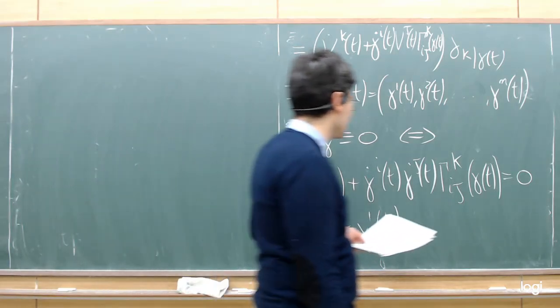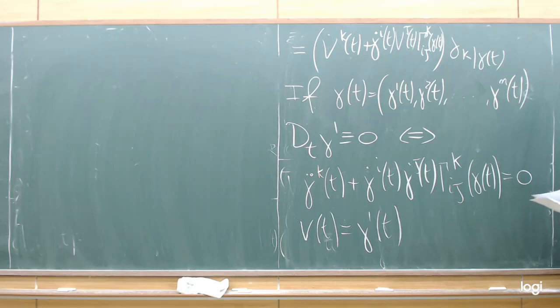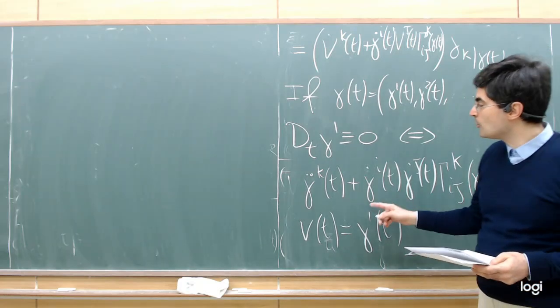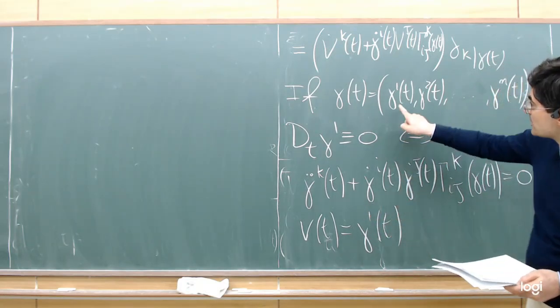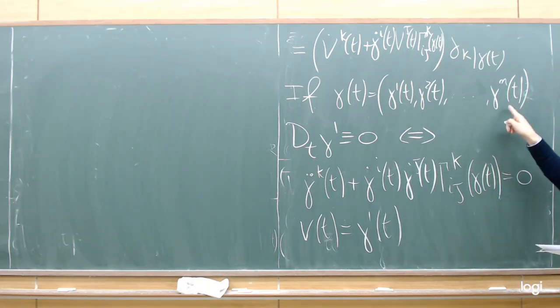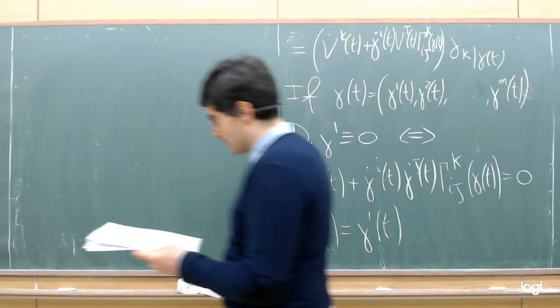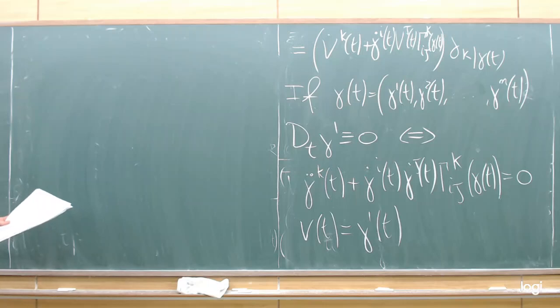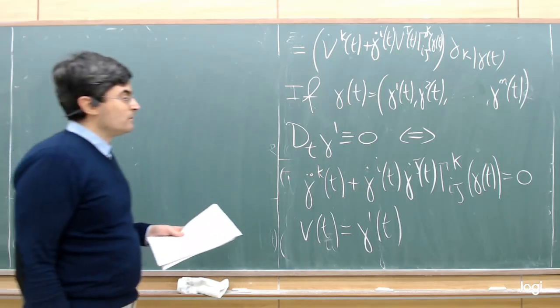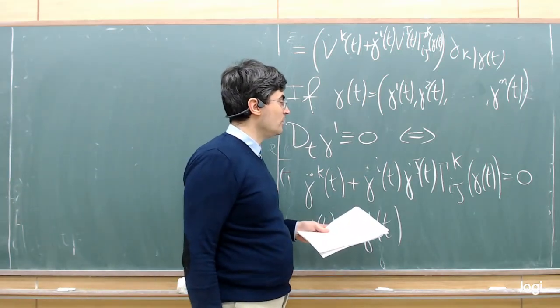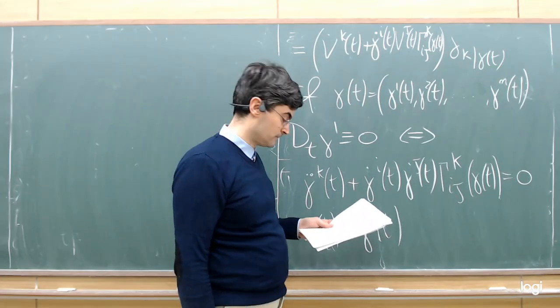So this is a system of second order ordinary differential equations where the unknowns are the functions gamma 1, gamma 2, gamma n. And as with any system of ODEs, we want to solve it.